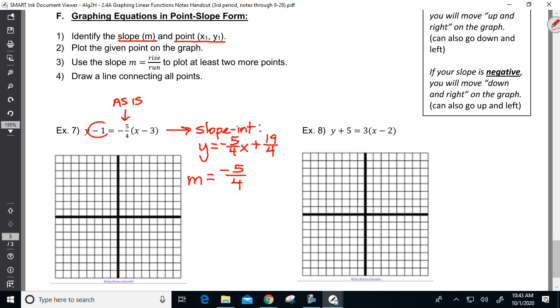For the point, we take the opposites of the x and y values. That's 3 and 1. Remember, if you're going to touch the number, you got to take the sign that was in front of it too. You can't take one and not the other.